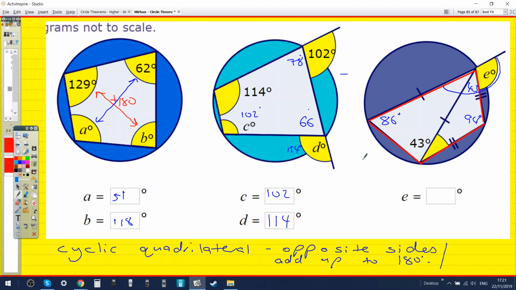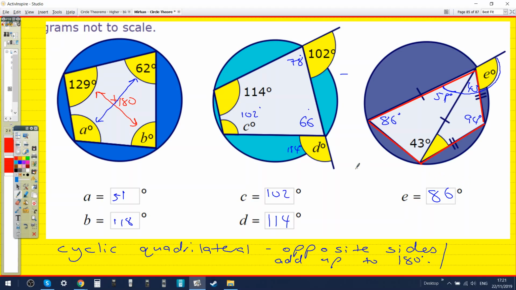And so from there, 43 plus 86 is 139, minus 180. 51 degrees is the top part. And so 51 plus 43 is 94, minus 180. 86 is the E. Okay, so E is 86. Yeah, 'cause that's the exterior thing.